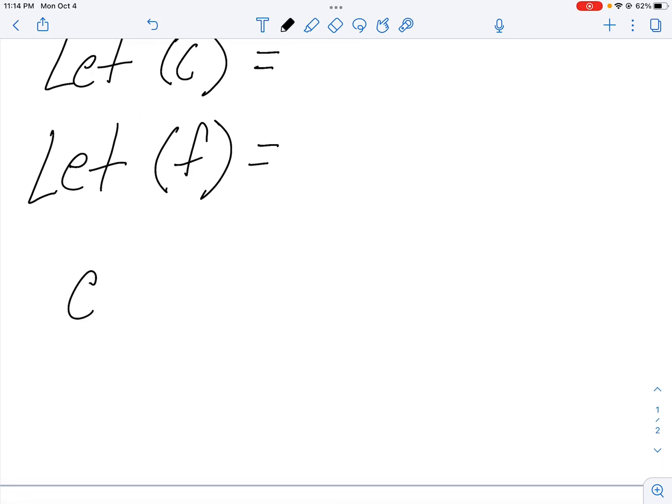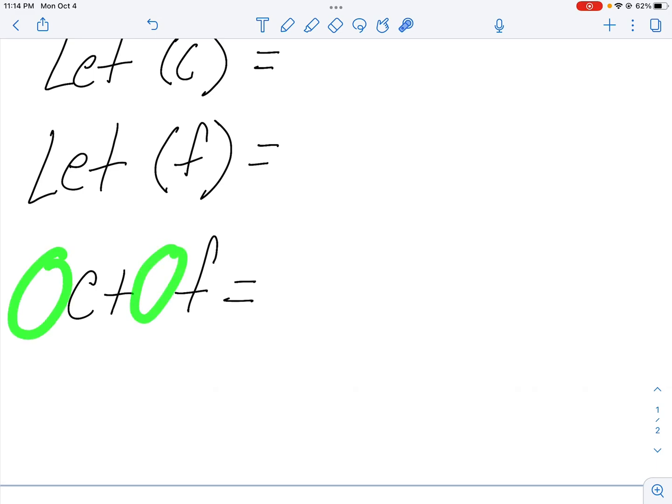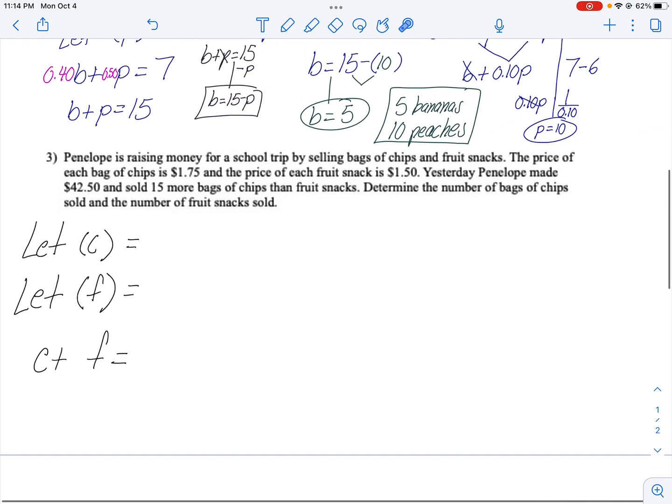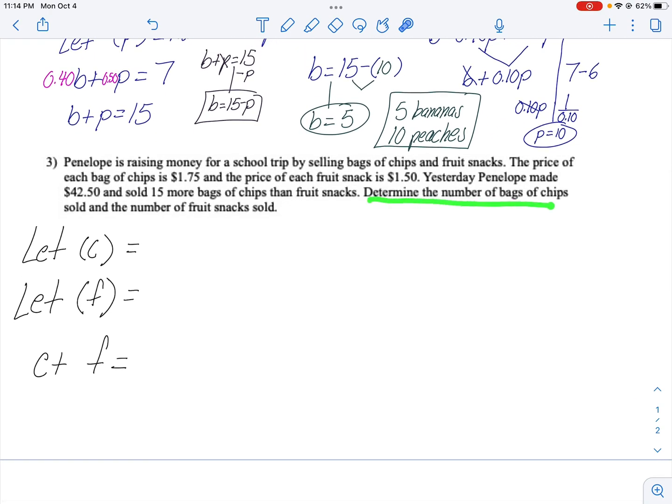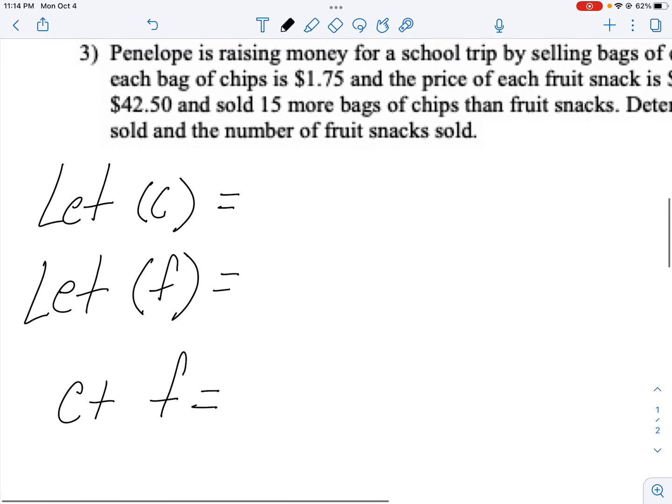And I know it's going to be C plus F, I'm going to leave a space, is equal, I'm going to put a number here and a number there. And what does C mean? Let's see. Determine the number of bags of chips and the number of fruit snacks sold.